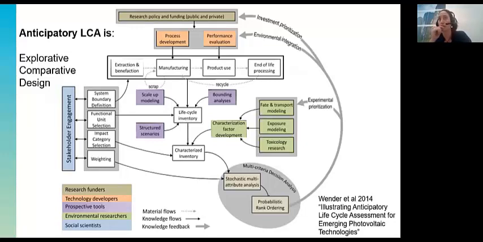So explore, design. And the third keyword of anticipatory LCA, I would say, is comparative. If we're developing a new solar technology, it needs to be competitive with at least the current alternative. How does it perform? Maybe it's at lab scale and manufacturing is really, really intensive. Well, how much does manufacturing need to improve?